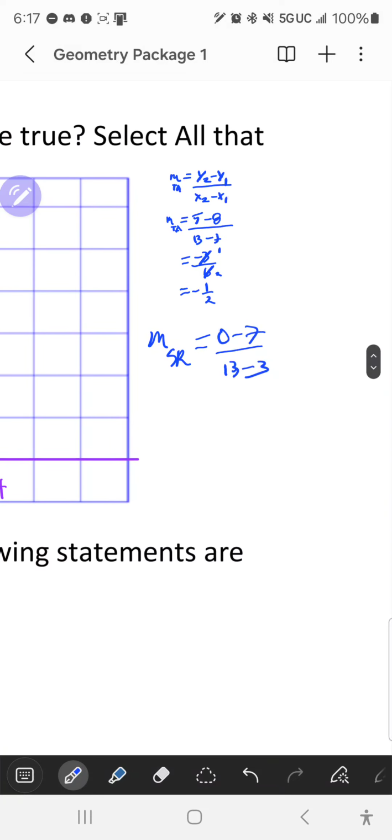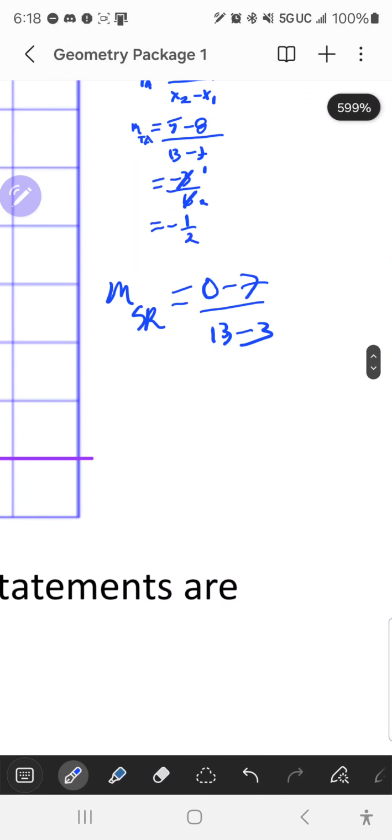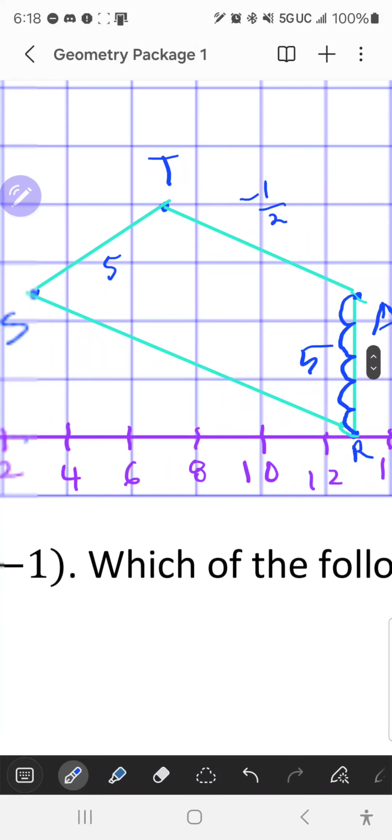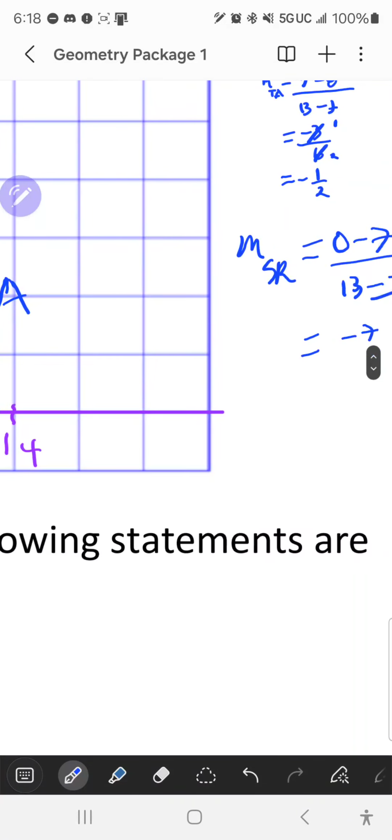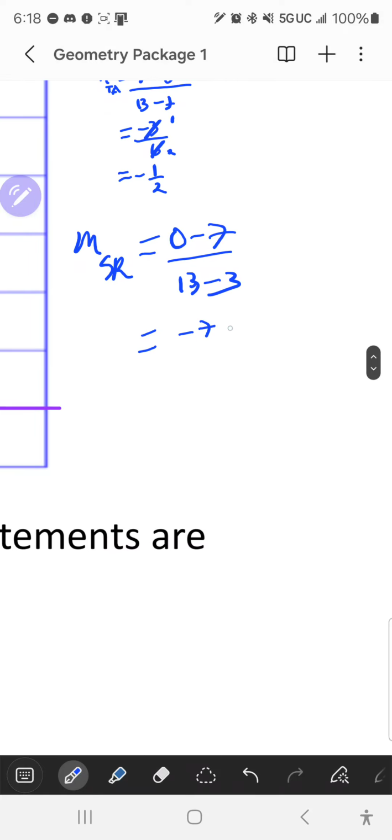Okay, never mind. I was just trying to see something. And we have that 0 minus 7 is negative 7, and this is going to be 10.